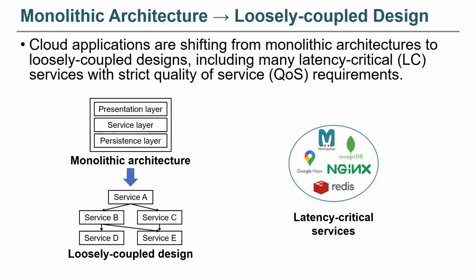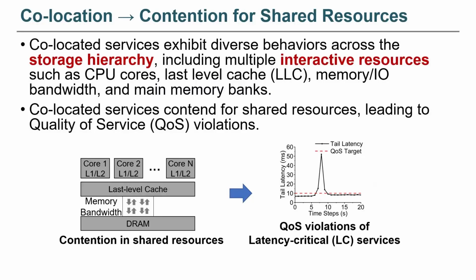Cloud applications are shifting from monolithic architectures to loosely coupled designs, including many LC services with strict QoS requirements. Multiple services are often scheduled on one server simultaneously to increase server utilization and cost efficiency.